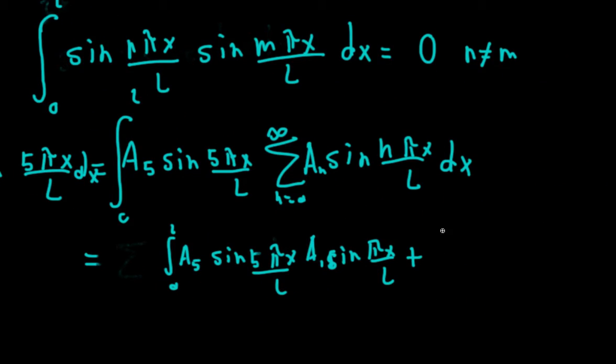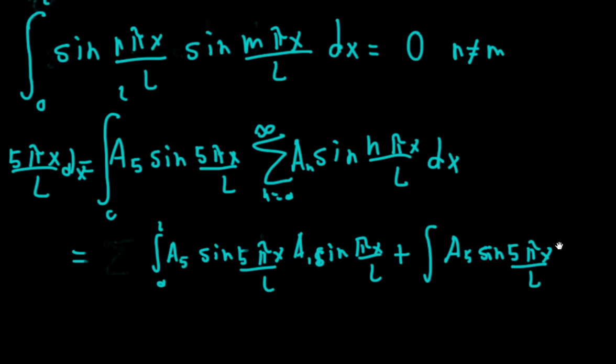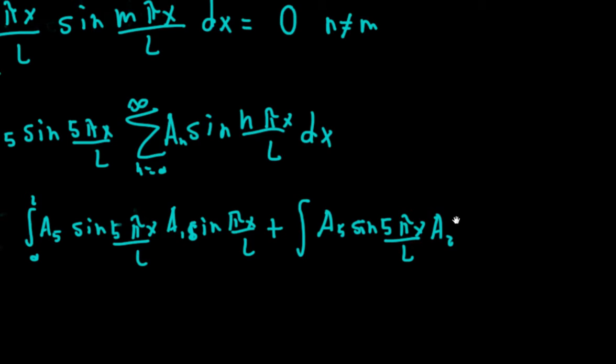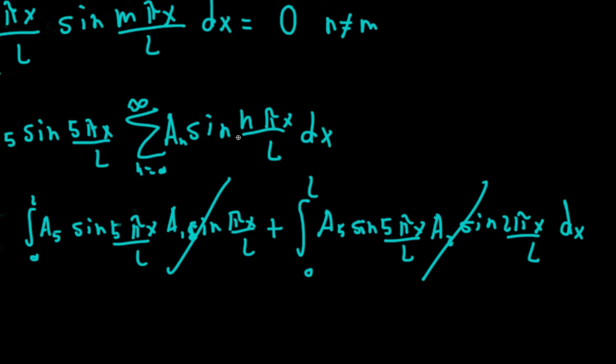It's just another integral here. I'm just going to write a2 because this is many symbols and we are already running out of time. But this is a2 times the sine of 2 times pi times x over L. And I'm forgetting the dx's, but whatever. And the important thing is that this is going to be 0, and this is going to be 0, and all of these are going to be 0.